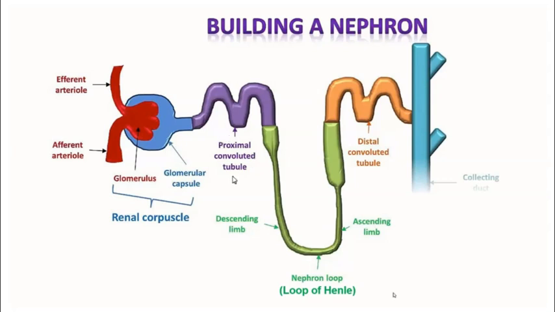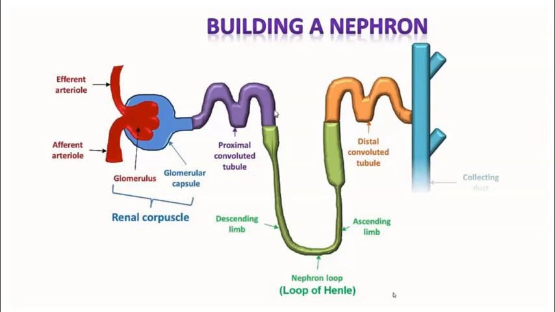Those three parts are the proximal convoluted tubule, which receives filtrate from our glomerular capsule here. Filtrate will then be directed into the nephron loop, which is also known as the loop of Henle. Filtrate then flowing through the loop of Henle arrives at the distal convoluted tubule, and the distal convoluted tubule will be the last segment of our renal tubule.